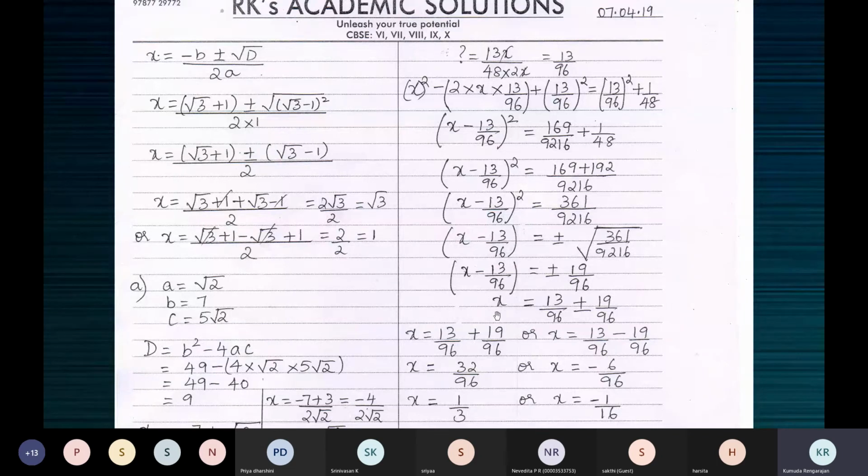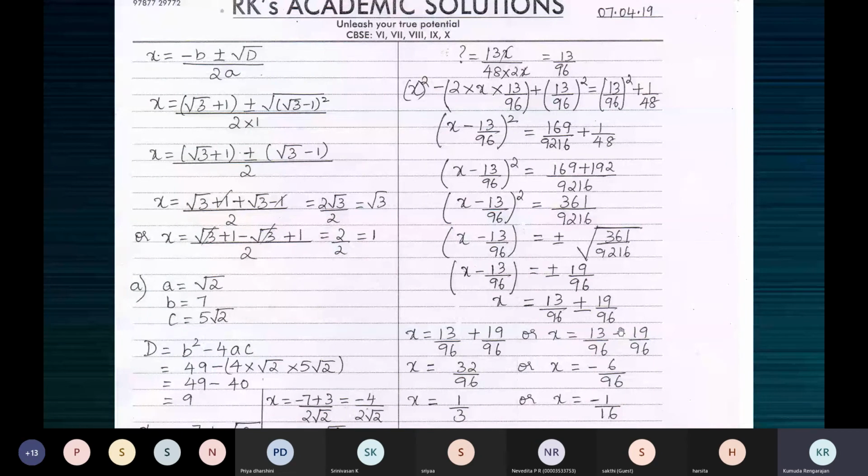So we are solving for x. So x will be equal to minus 13 by 96 on the other side, which will be plus 13 by 96, plus or minus 19 by 96. Transpose this, take this to this side. So 13 by 96 minus becomes plus.